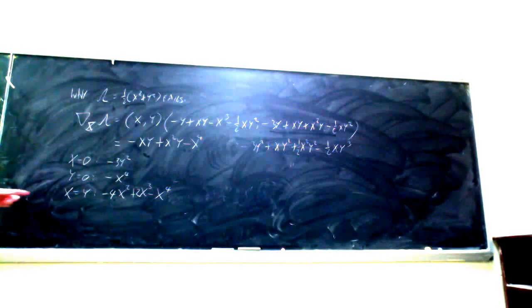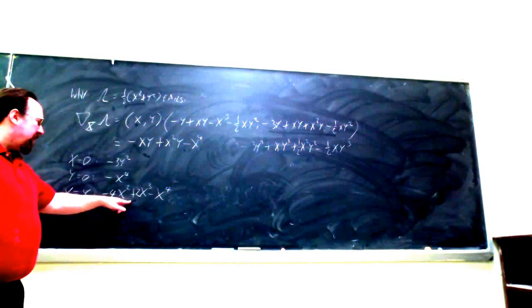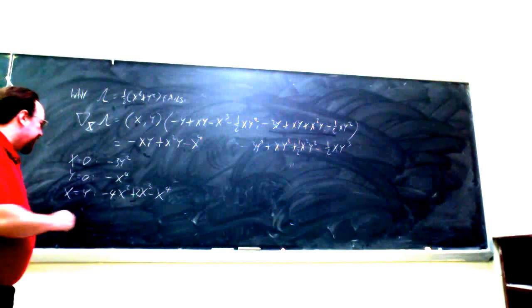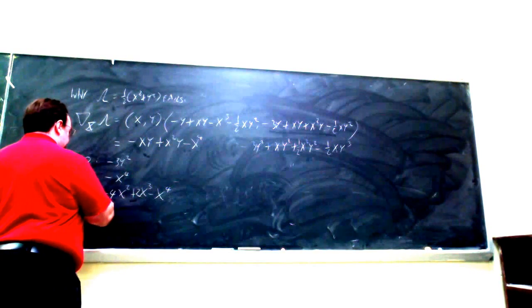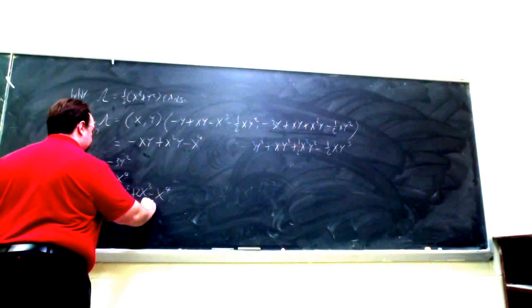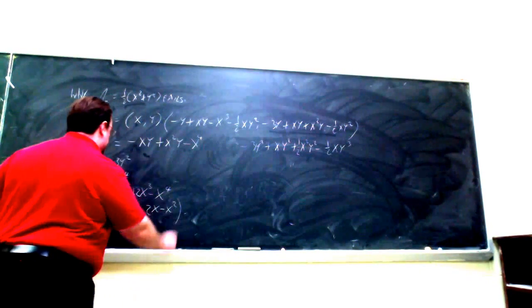Now, in this case, because we have a mix of positive and negative terms here, actually, I can factor out an x squared. So you get minus 4 plus 2x minus x squared.